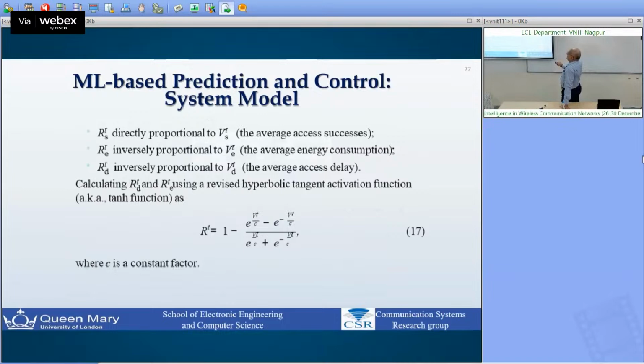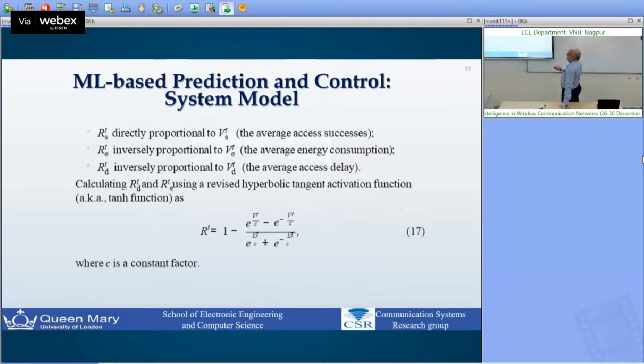If the delay is too high, less reward. So we have to reduce the delay. For these two inversely proportional functions, we can use the hyperbolic tangent function, because when this one increases, this one decreases, and the hyperbolic tangent function is between 0 and 1.